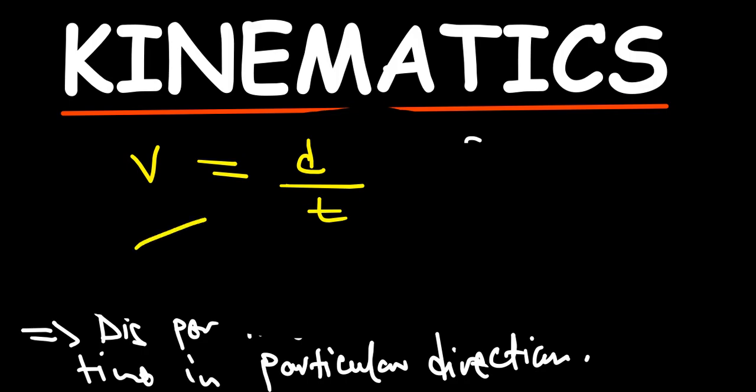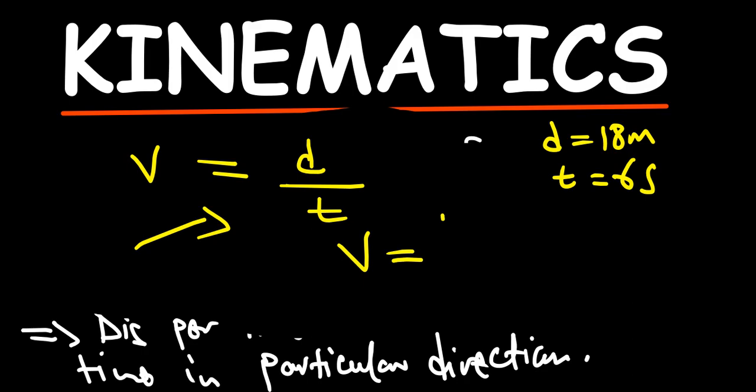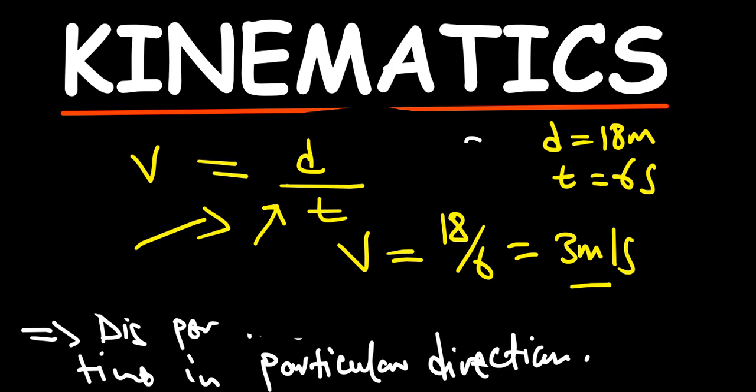Let's say for example the distance is 18 meters and the time is 6 seconds. Then your velocity will be 18 divided by 6, which is 3 meters per second.